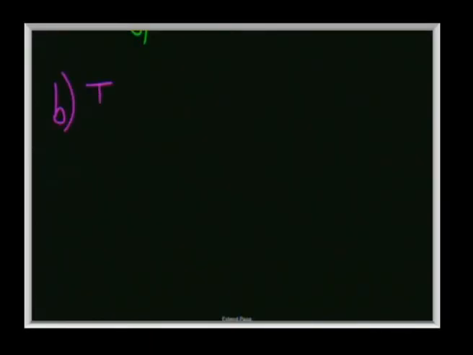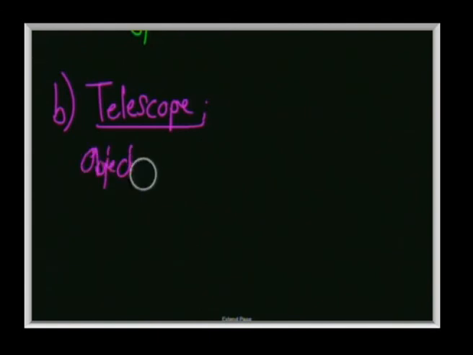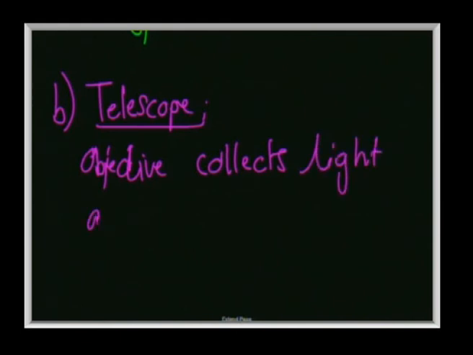So for the telescope, what do we know about the 2 lenses at the telescope? Well, the objective has one function. The objective is there to collect, so it collects light and condenses it.